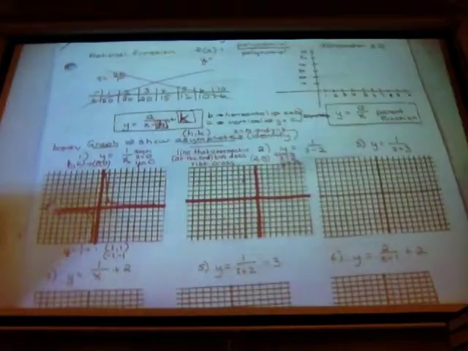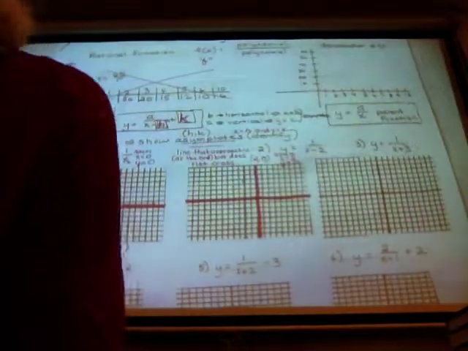Notice, where do they intersect? They intersect at 2, 0. This is my new origin. So now when I'm graphing, I'm going from that intersection of the two asymptotes. Here I'm going to graph my parent function, which is 1 over x.